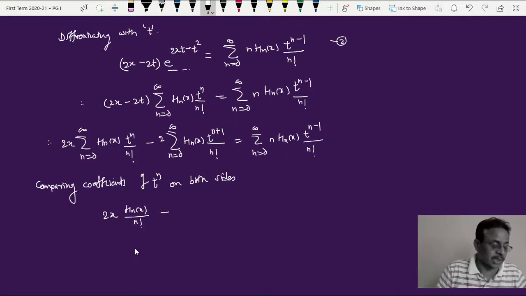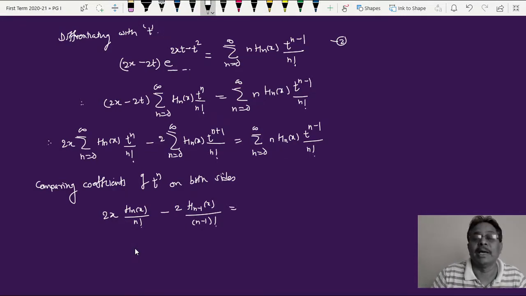So I'll write here 2 h_{n-1} of x divided by n minus 1 factorial is equal to, here I have to replace this n by n plus 1. So here it becomes n plus 1 outside of this, then h_{n+1} of x, divided by n plus 1 factorial.